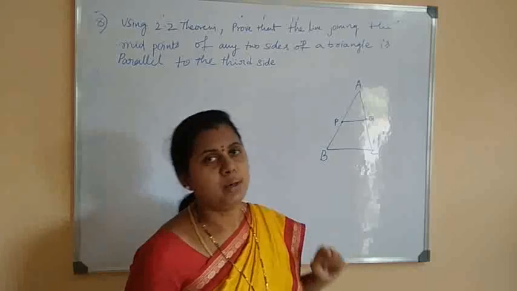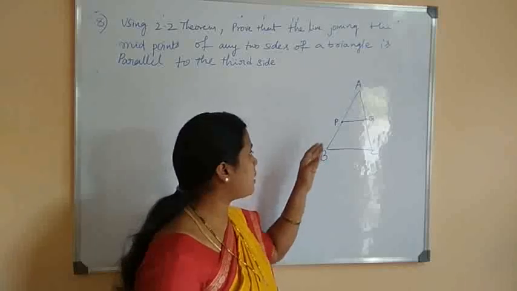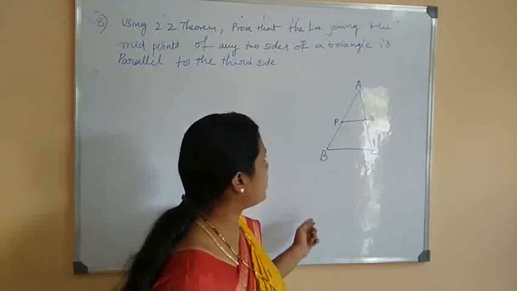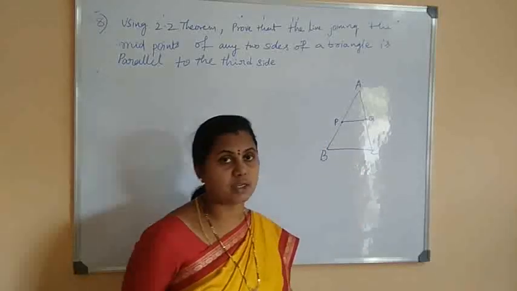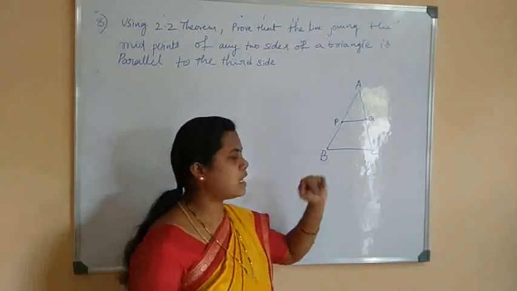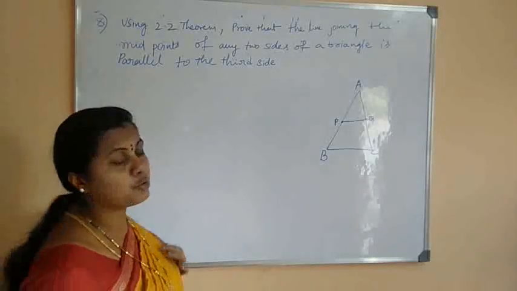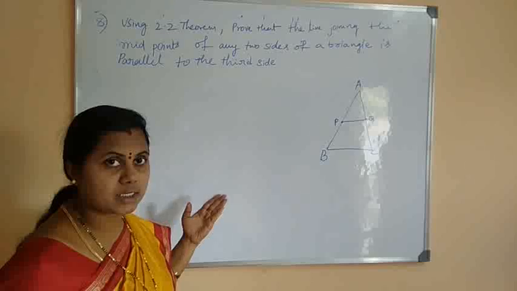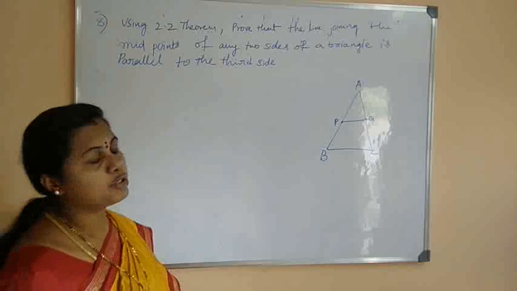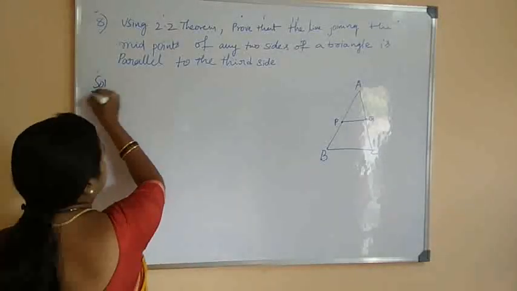PQ is parallel to BC means you should come to know AP by PB is equal to AQ by QC. But they didn't give that. You only should prove it, and by using that you should prove PQ is parallel to BC. Understand? Here you want to use Theorem 2.2, the converse of the basic proportionality theorem. 2.2 means converse of BPT. Okay.